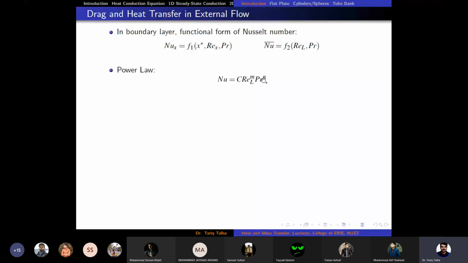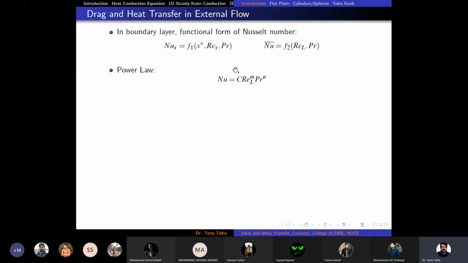The values of C, m, and n would be determined for a particular flow by conducting experiments. Once we conduct the experiment, we use curve fitting techniques to determine the values of the constants C, m, and n. With software like MATLAB, we can easily do the curve fitting if we have the data in an XY plot.